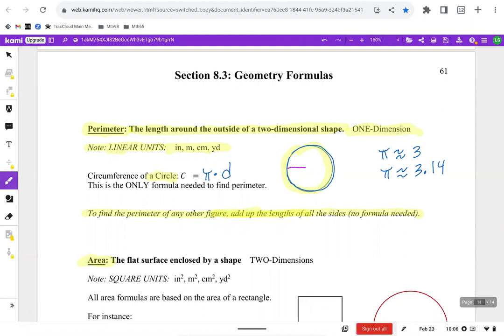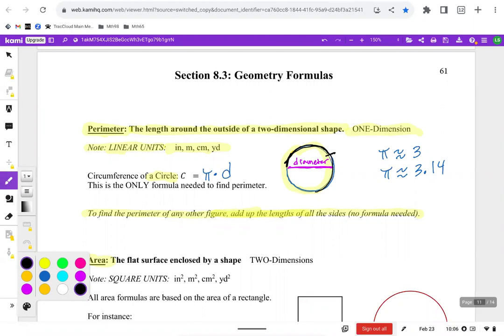So if I draw the diameter across the center of the circle, and I took this length right here and started bending it around the side of the circle, one of those diameters would go to about here.